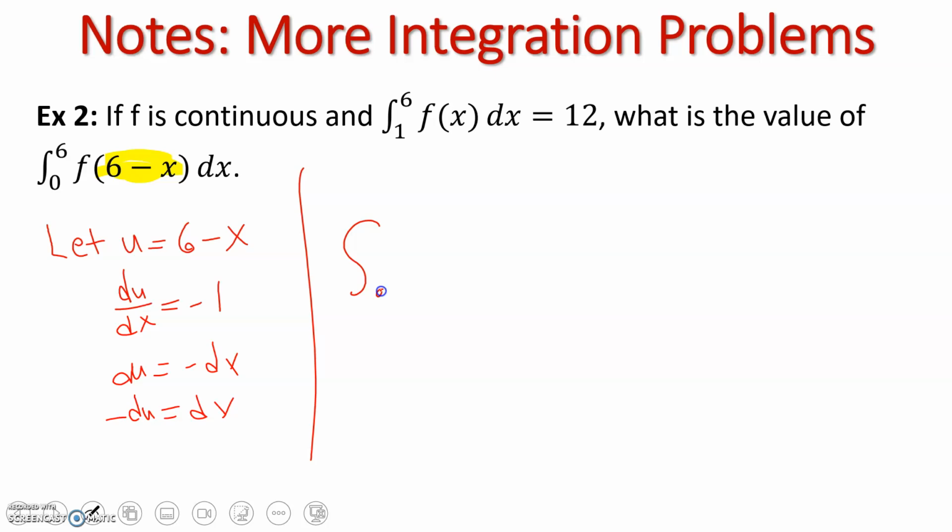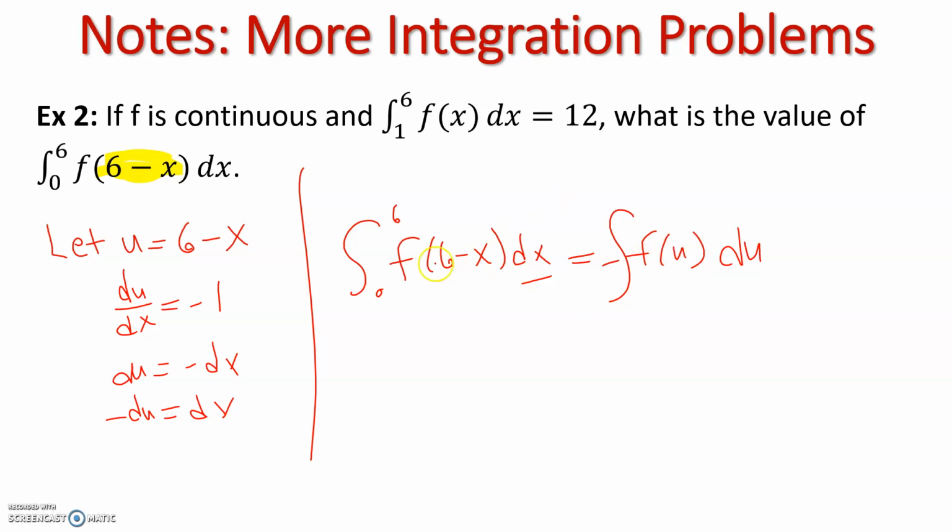So then I can take my integral from 0 to 6, f of 6 minus x. I can change out the dx to be a negative du, and I can change out the 6 minus x to be a u, so I have f of u. The bounds are originally in terms of x. I'm going to put them in terms of u. So the first one becomes 6 minus 0, or 6, and the other one becomes 6 minus 6, or 0.